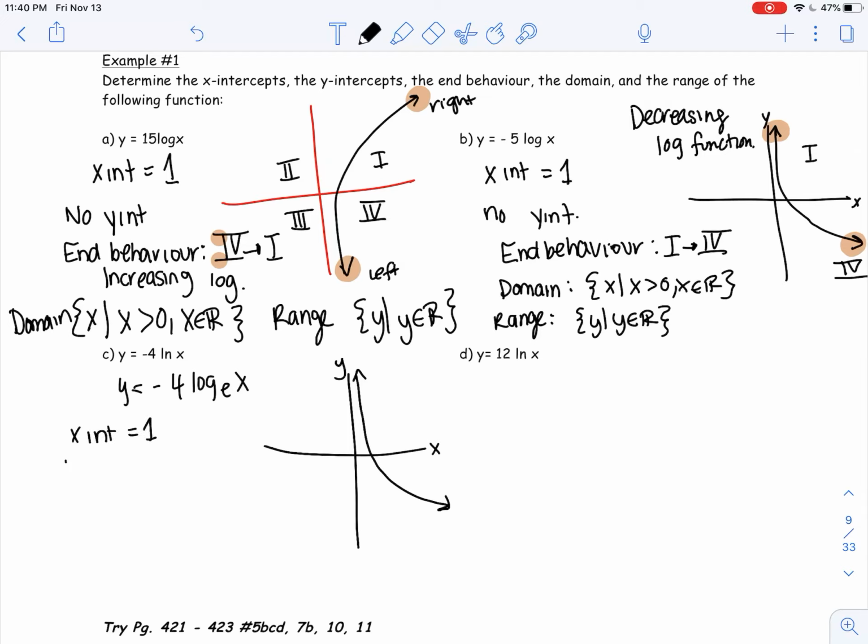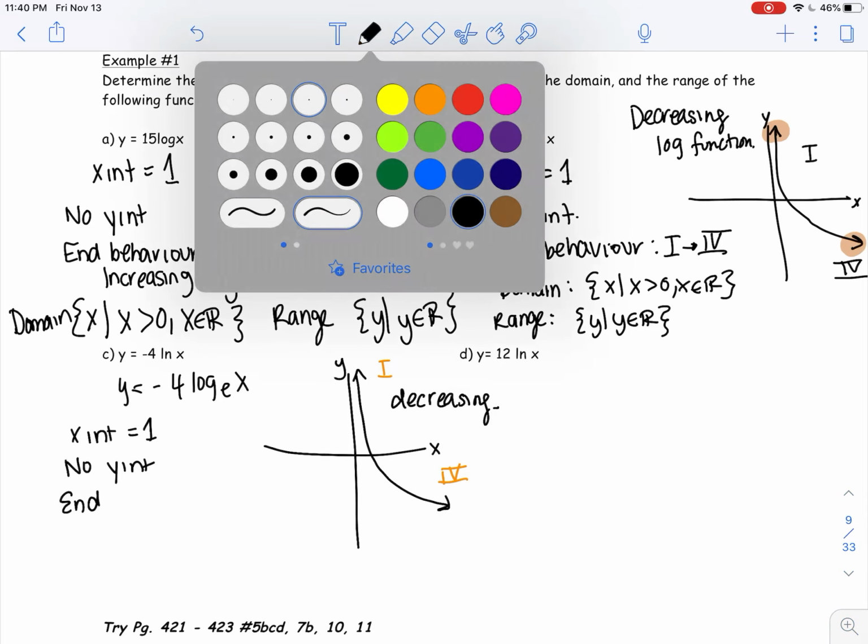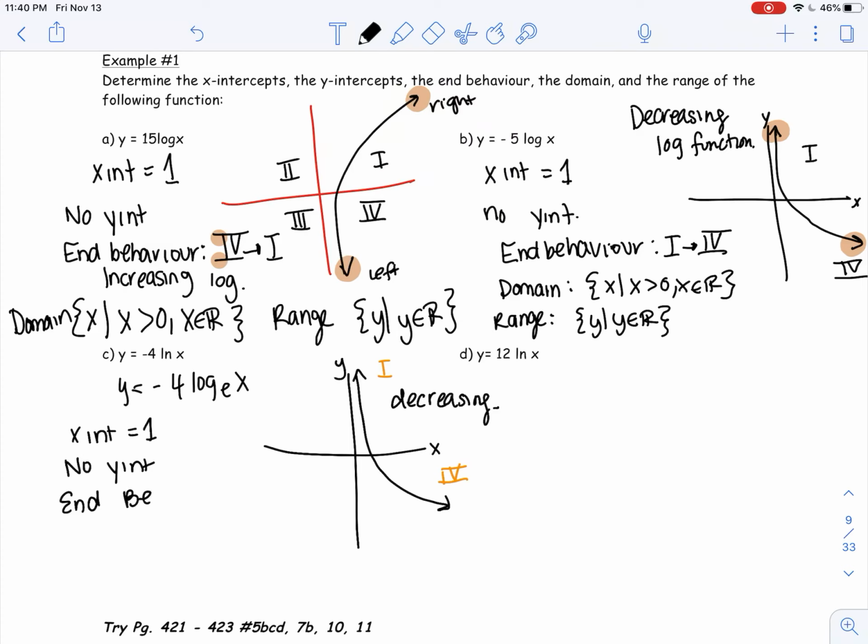So again, the x-intercept should be 1. There are no y-intercepts. The end behavior, this one is a decreasing one because it's getting lower. If it's ever decreasing, you should always see that it goes from quadrant number 1 to quadrant number 4. Okay, so it should always go from 1 to 4. So the end behavior should be 1 to 4.